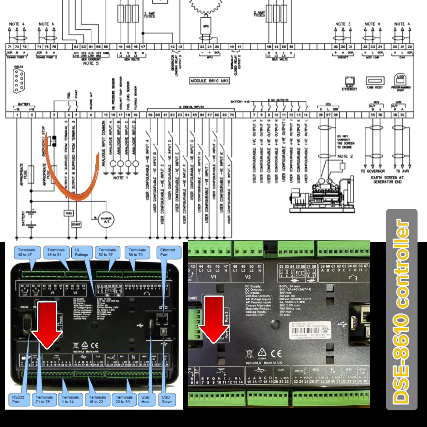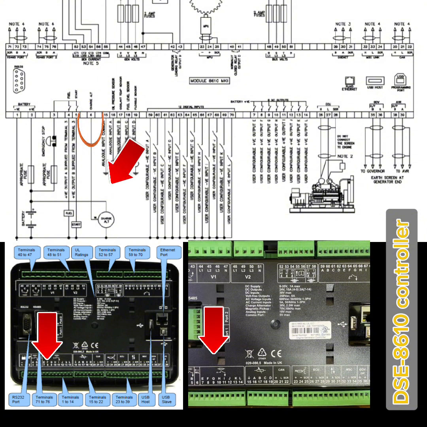Number 4 and number 5 are the fuel and crank outputs: number 4 is the fuel output and number 5 is the crank output. You will connect your fuel relay here and your crank relay here. After the relay, you will use your dry contact to start your motor starter and fuel.